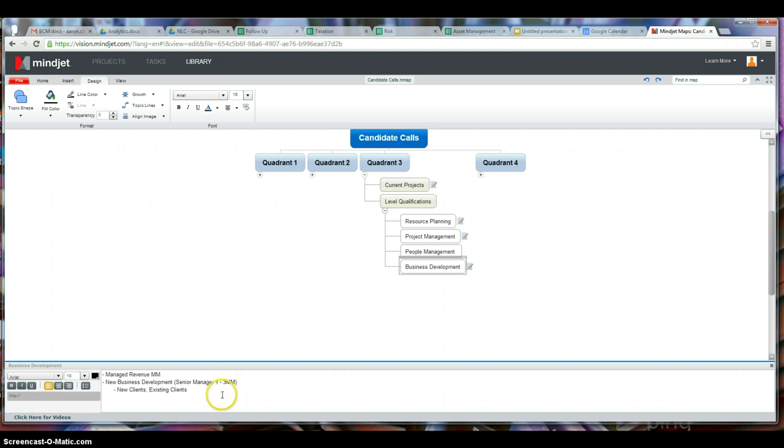In addition to that, for senior managers, you can also ask them what their targets are, and what they are selling and delivering. Again, it's going to be around that 1 to 3 million mark, and it could be new business development from new clients or from existing clients.